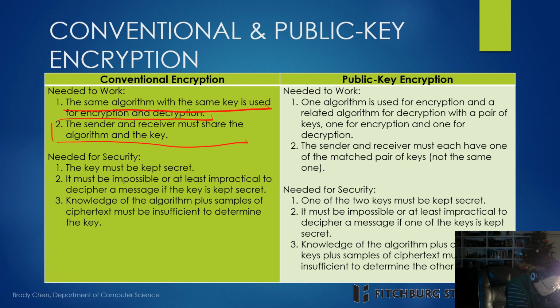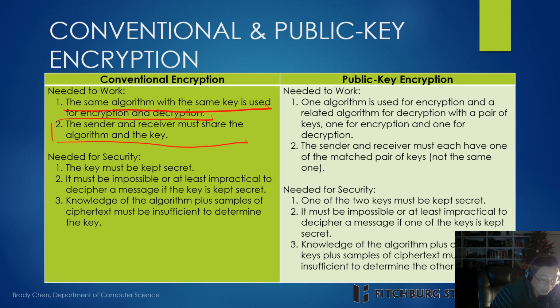For public key encryption, one algorithm is used for encryption and an unrelated algorithm for decryption, with a pair of keys, one for encryption and one for decryption. The sender and the receiver must each have one of the matched pair of keys.